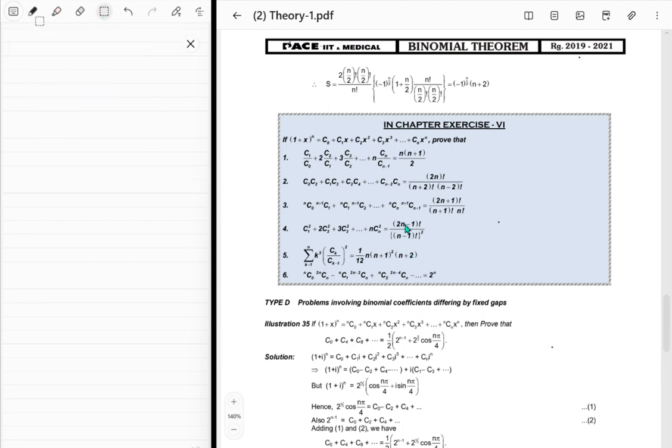So once you differentiate, you get n times (1+x)^(n-1), that's equal to C1, the constant is gone actually, C1 plus 2C2x and so on, the usual stuff. But now what we will do is multiply this whole equation by (1+x)^n again.